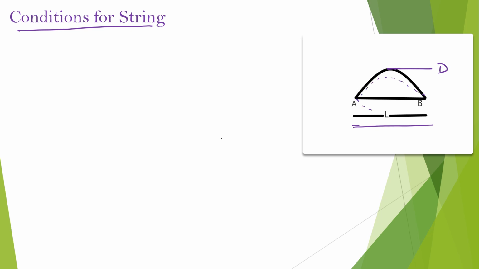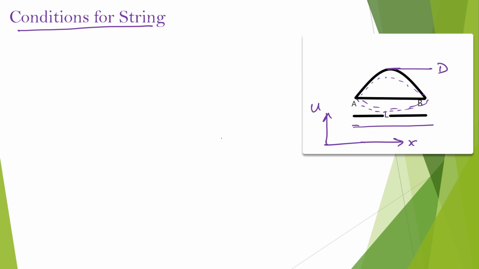This vibrating system is called a string, and because it is in two dimensions, this is x and this is represented as u as per the equation. Displacement is represented by u.